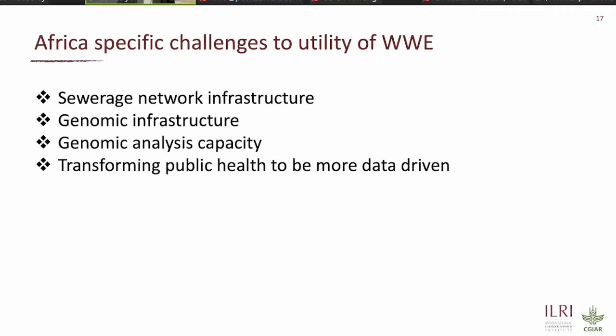The other challenge I also see here is the ability of public health to transform itself to embrace data from this kind of technology. So transforming public health to be more data driven, I think, is still a challenge that needs to be undertaken.